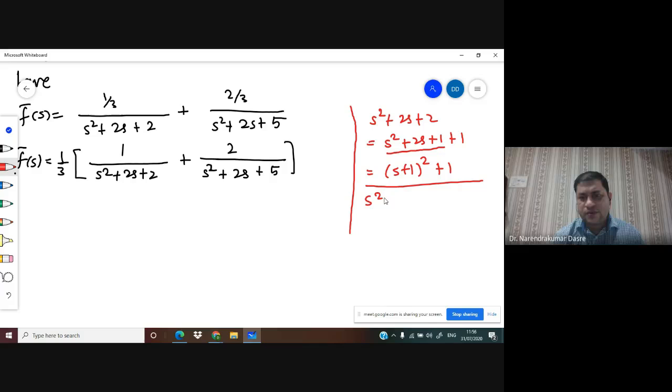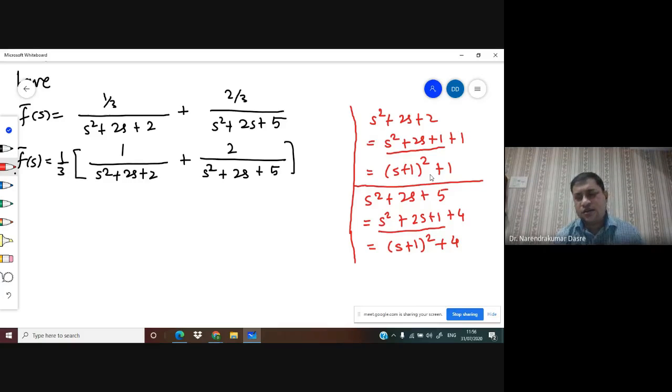Now for this term s square plus 2s plus 5, this is s square plus 2s plus 1 plus 4. And again, this is a perfect square, so s plus 1 square plus 4. So you are able to express this as s square plus a square, this is also s square plus a square.